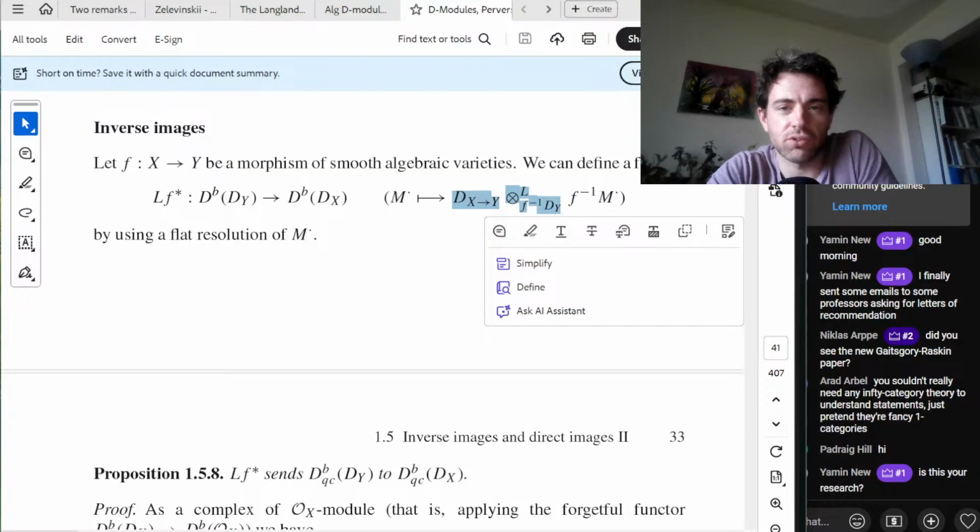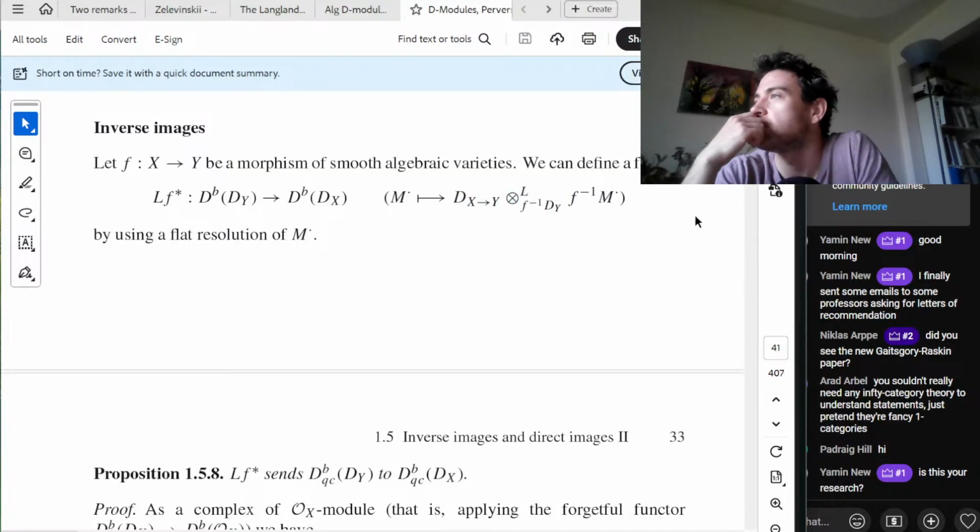Using a flat resolution of M, but M is a D module. So I have no experience of what resolutions of D modules tend to look like.